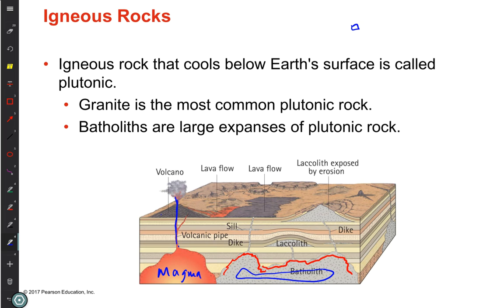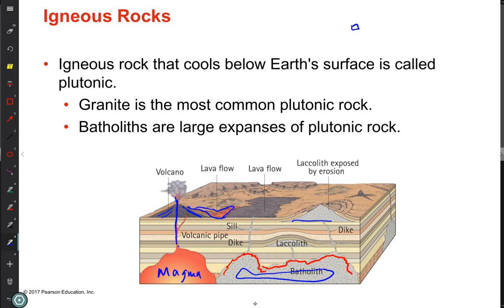It's got to be something like composite. It looks like it's a shield volcano, but its shape looks so much like a cinder cone that it's hard to really tell. The fact that you have lava flowing here means that it really should be classified as a shield volcano, because if you have lava flowing rather than a big pyroclastic eruption, then it's a shield volcano.